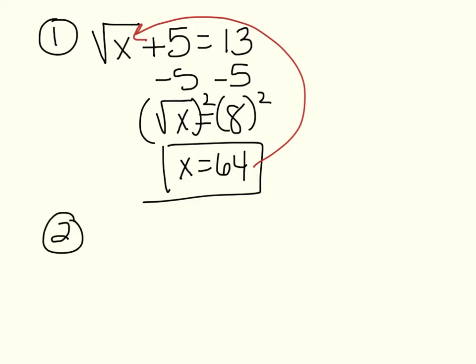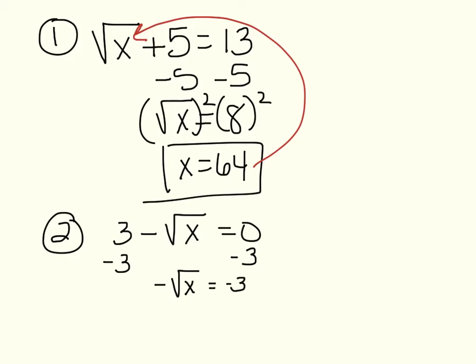Number 2, 3 minus the square root of x equals 0. Step 1 is subtracting 3 on both sides. We then get the negative square root of x equals negative 3. We can divide by negative 1. That gives us the square root of x equals 3.